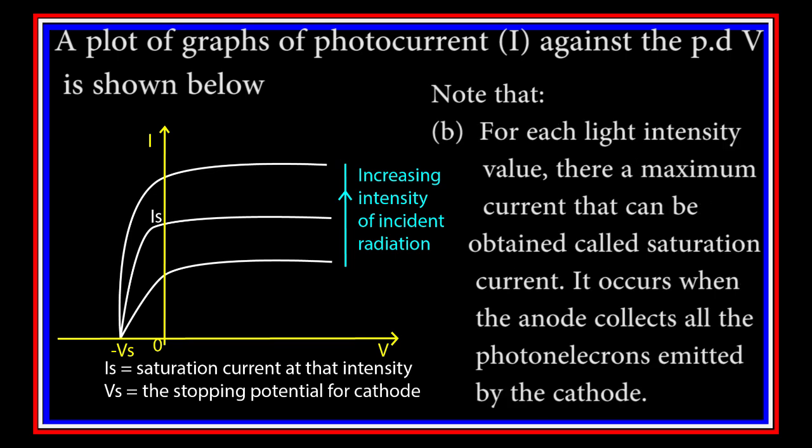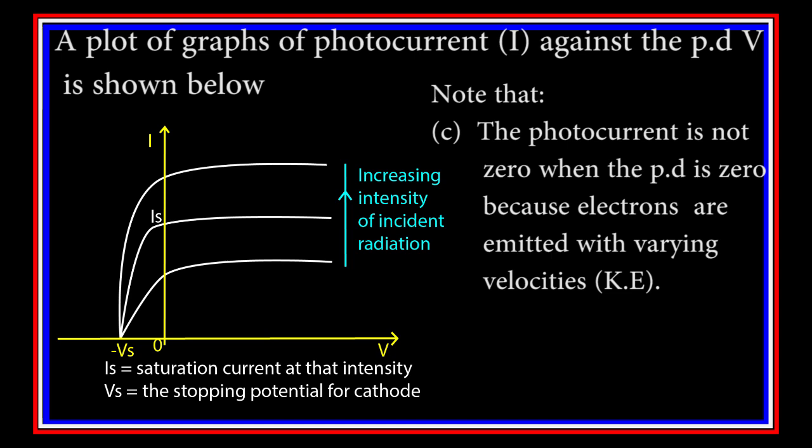B, for each light intensity value, there is a maximum current that can be obtained, called the saturation current. It occurs when the anode collects all the photoelectrons emitted by the cathode.